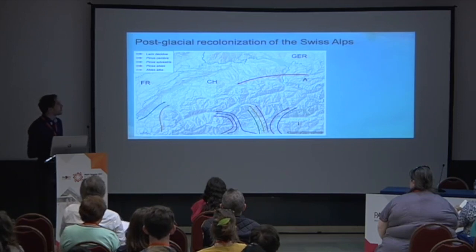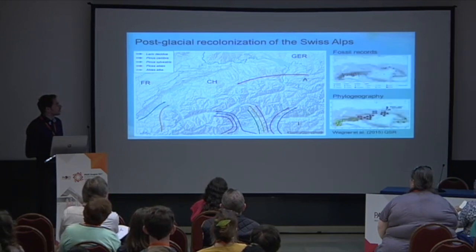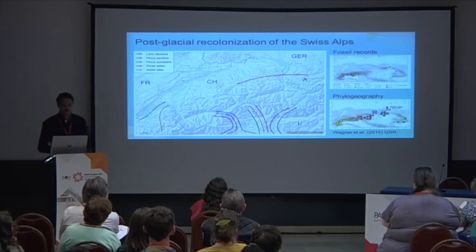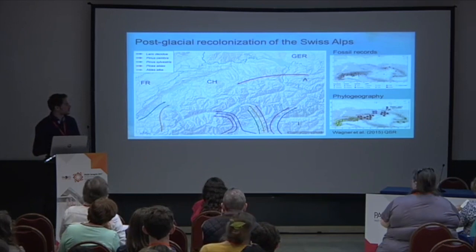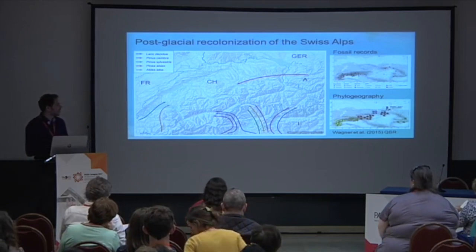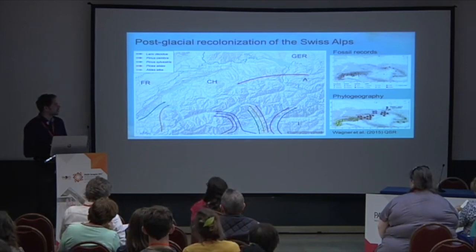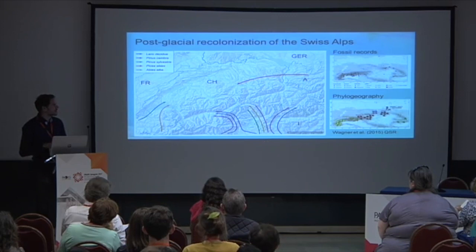Here you can see the recolonization pathways based on the current knowledge that again stems from fossil records and from phylogeography. What you can see here is that after the last glacial maximum, species shifted their range northwards. Mostly it's a north-south shift. So from refugial populations in the south, they expanded into the Swiss Alps here.